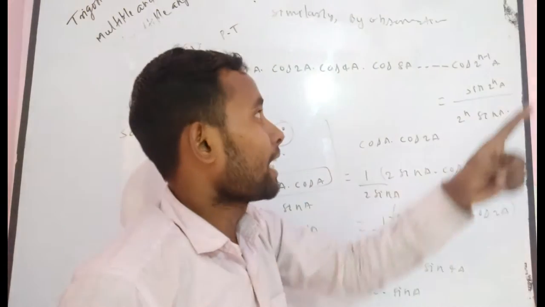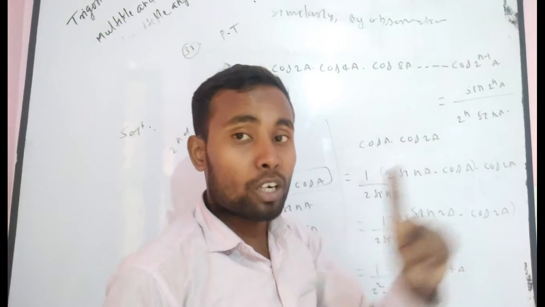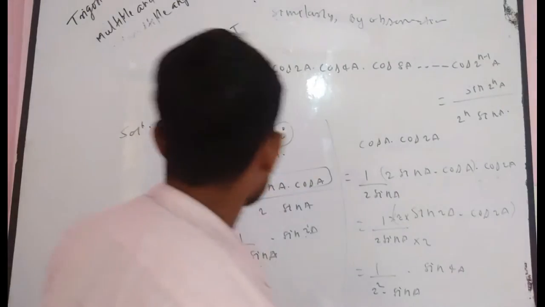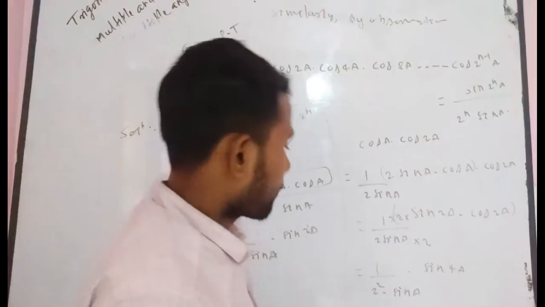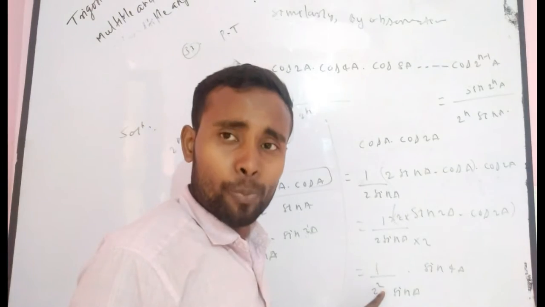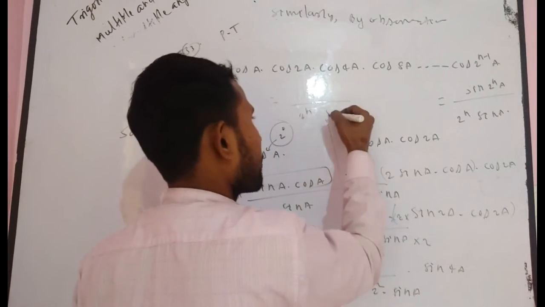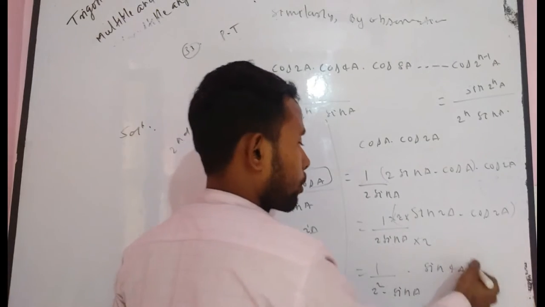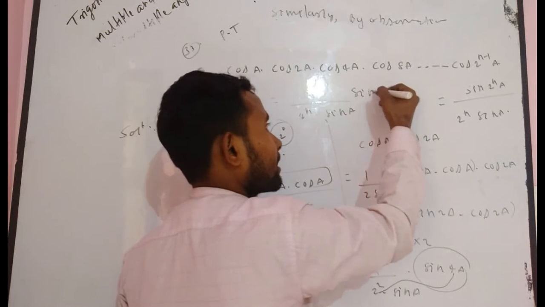That means it increases. Here, 2 to the power n minus 1. So the number of terms will be n, because n minus 1 plus 1 means the number of terms will be n. So the whole expression will be 2 to the power n, because the number of terms is taken as the power of 2. So it will be 2 to the power n into sin A. It will always be taken, because in each factor you get this. Now here you have to write, as you know that this factor is written here, sin 4A.